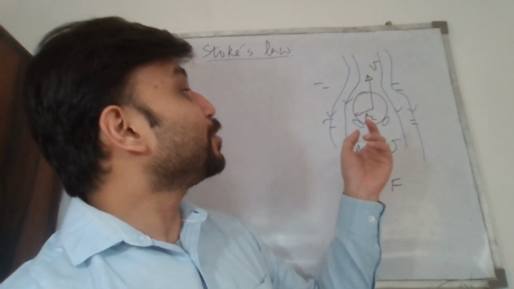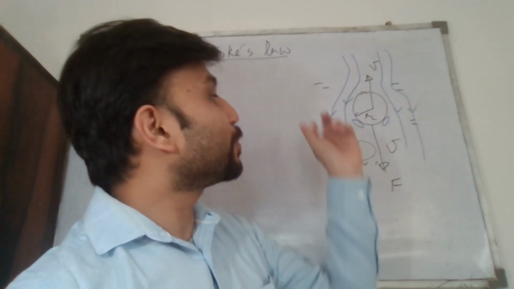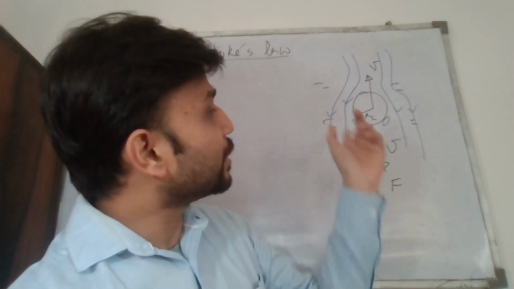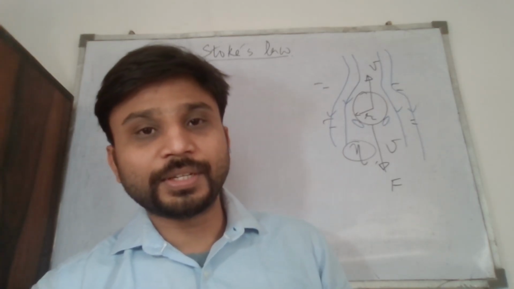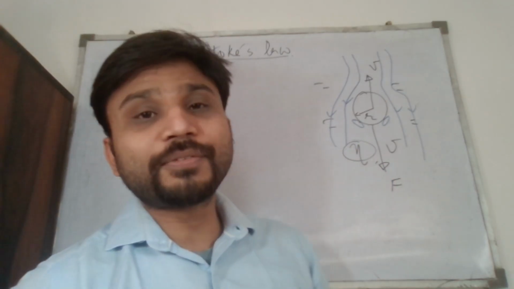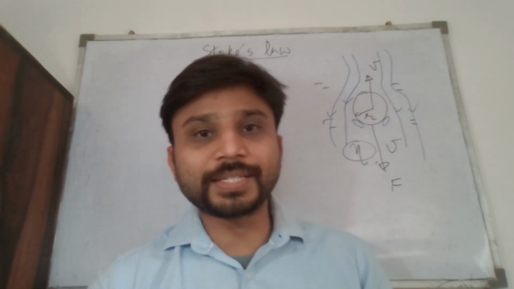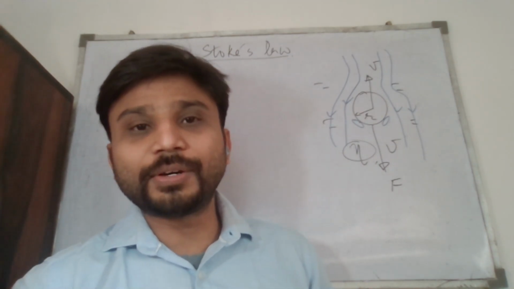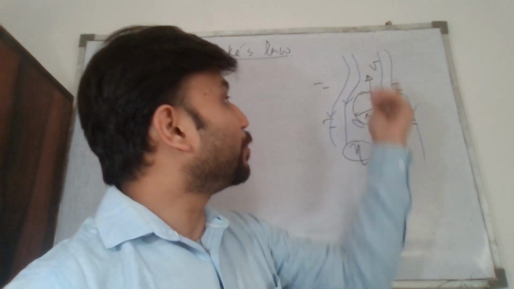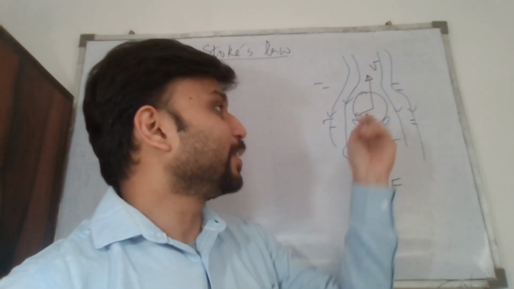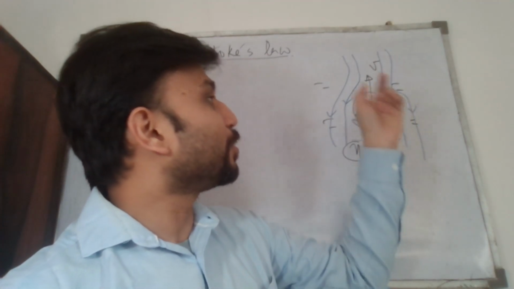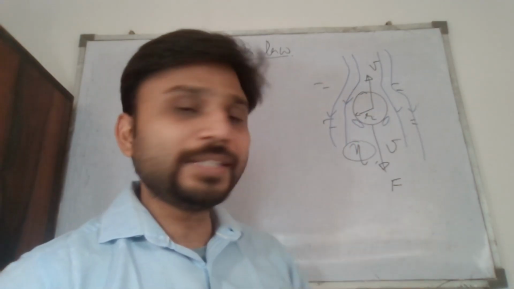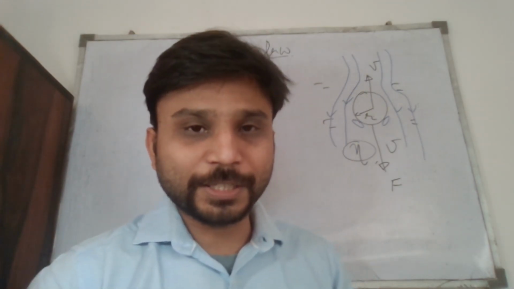When he's bowling the ball, there is a viscous force acting on that ball, which is just opposite to the velocity of the ball. This acts irrespective of whatever swing or spin is given to the ball. If the rotation of the ball is in clockwise direction, even then this viscous force is in this direction.